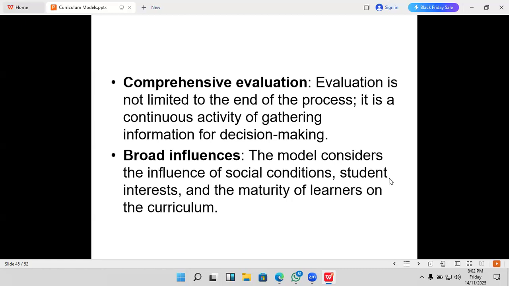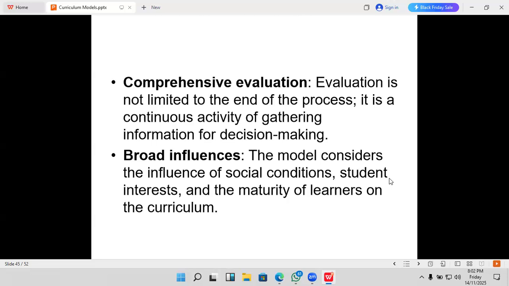Next, student interest. Student involvement, student participation is very important according to current educationists' ideas. They emphasize student-centered education, activity-based education, the classroom led by students.